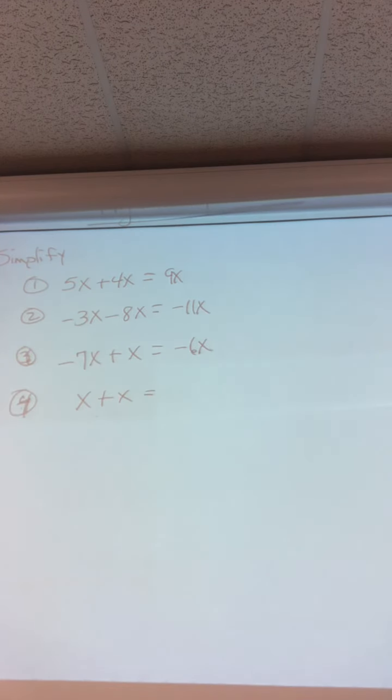This next one, this is one sometimes students mess up on, x plus x. X plus x is just simply 1x plus 1x, which is 2x. If you're not real careful there, it'll be tempting to say x squared, or just x. If you have an apple plus an apple, you have 2 apples. If you have an x plus another x, you have 2 of the x's.